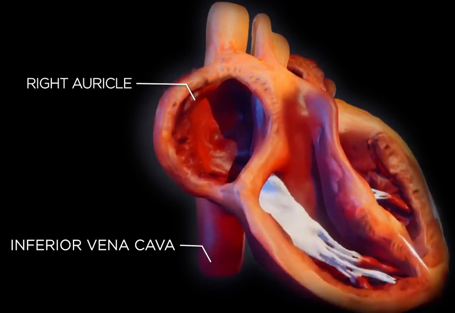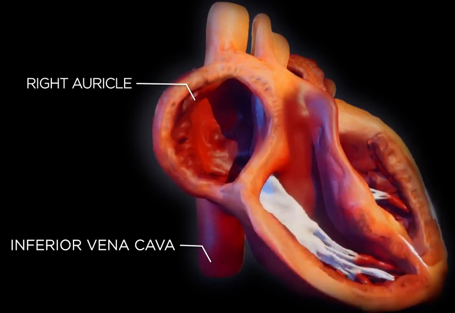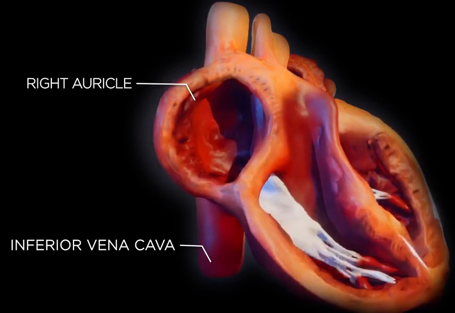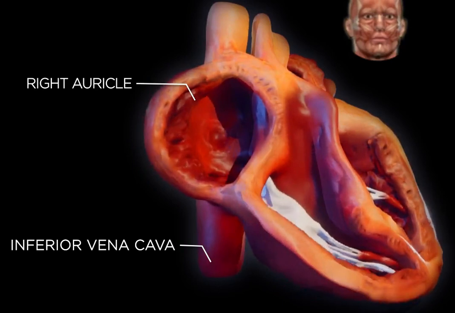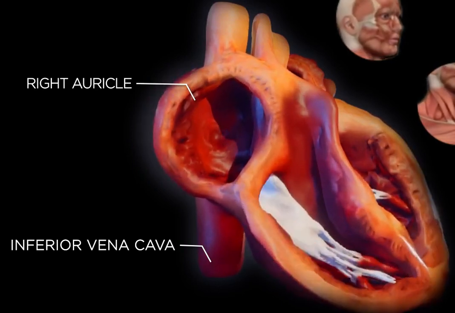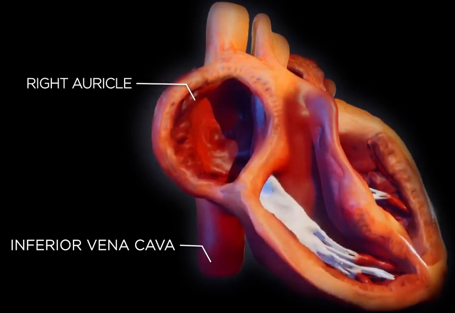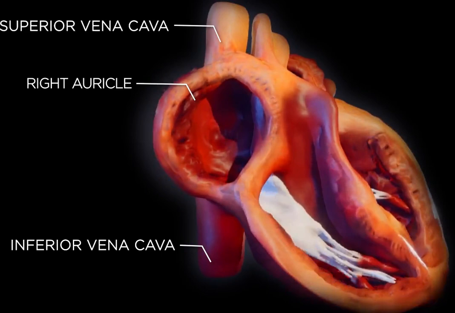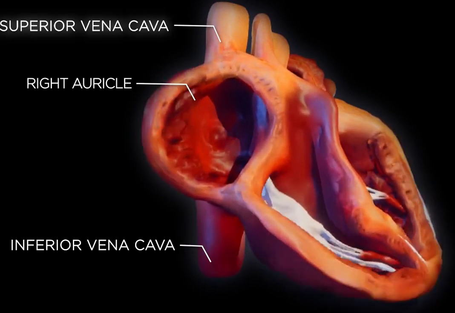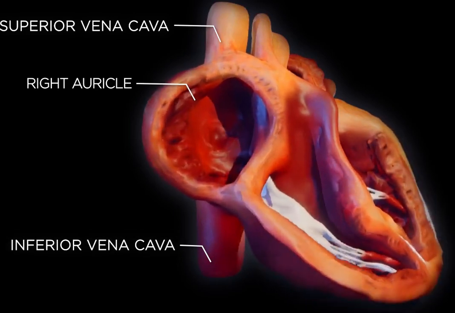In the same way, there is another vessel that carries the deoxygenated blood from the upper parts of your body, like your head, neck, etc. And this deoxygenated blood is carried into the same chamber, that is the right auricle, and it is called the superior vena cava. So we have the superior vena cava, we have the inferior vena cava carrying the deoxygenated blood into the right auricle.